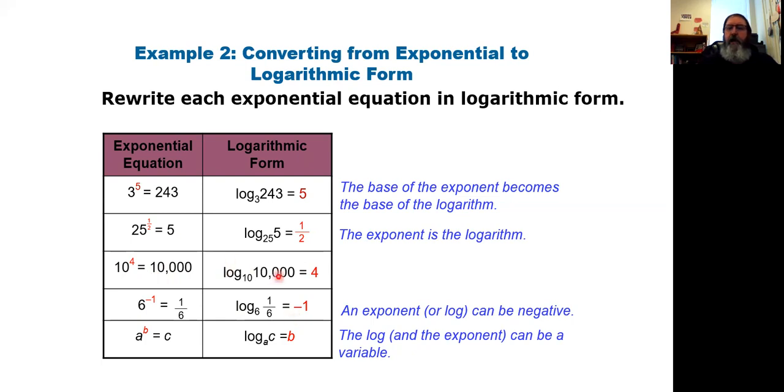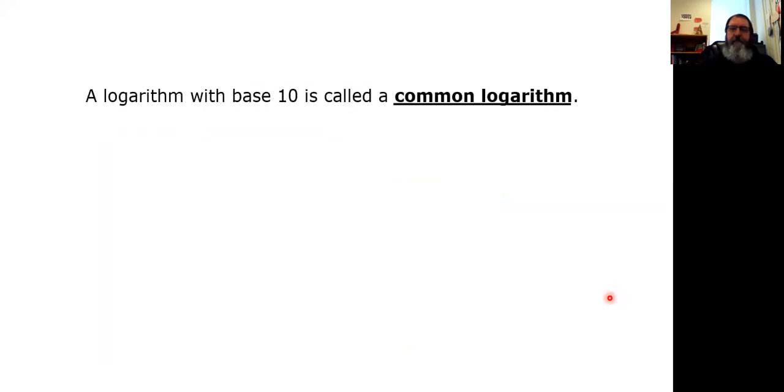So when we're finding logarithms, we're trying to figure out what power we are raising 10 to get this number here. And we see that come up sometimes. So I just wanted to point that out to you.